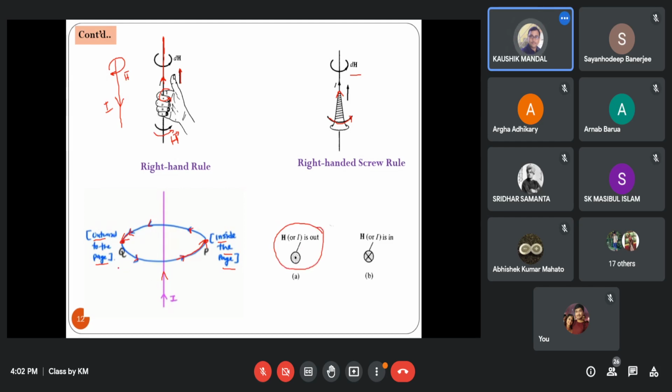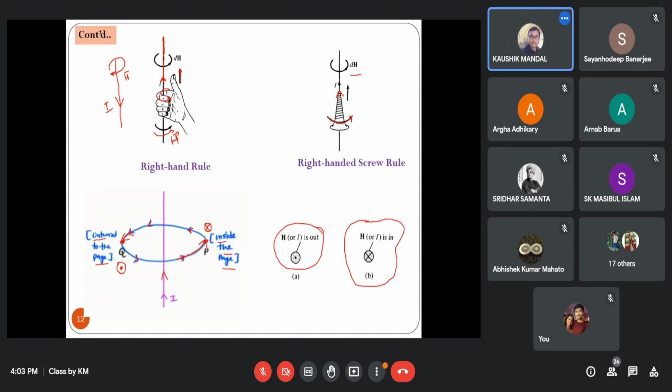So at this point, you have to put this symbol, which means it is outward from the page, and this other symbol is used to represent that the magnetic field is into the page. From this symbol, others can understand that at this particular point, the magnetic field is into the page.